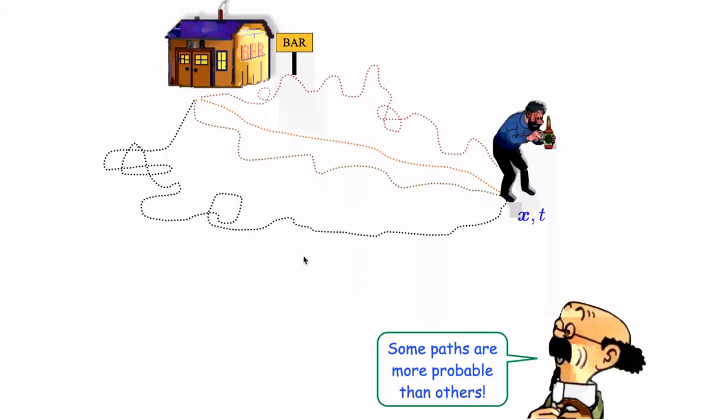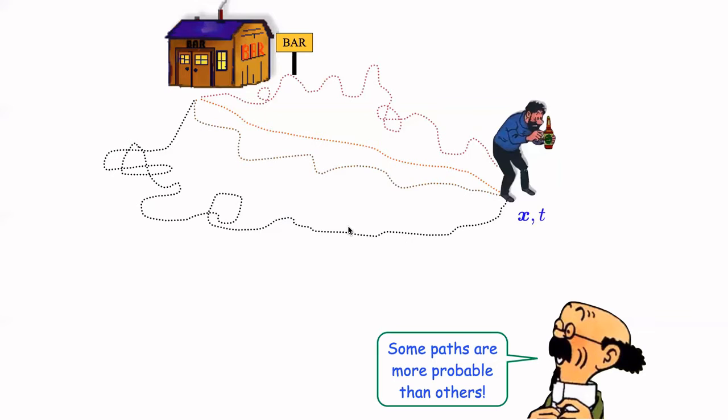Even such a path, at least in principle, he can take, but for practical purposes, that is just impossible. So you would say that the probability of such a path is very, very small. Whereas the paths shown here in the figure are much more probable than a path which goes very far away and comes back.